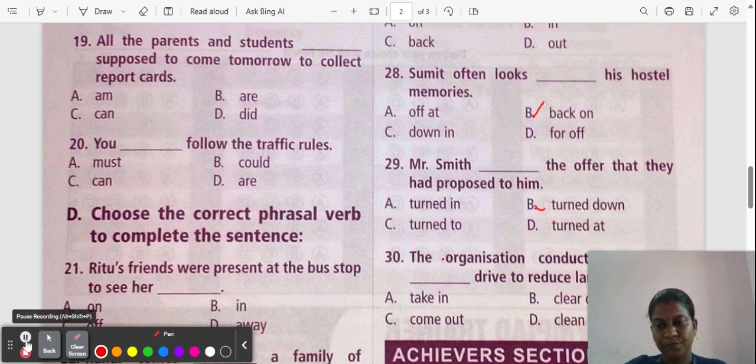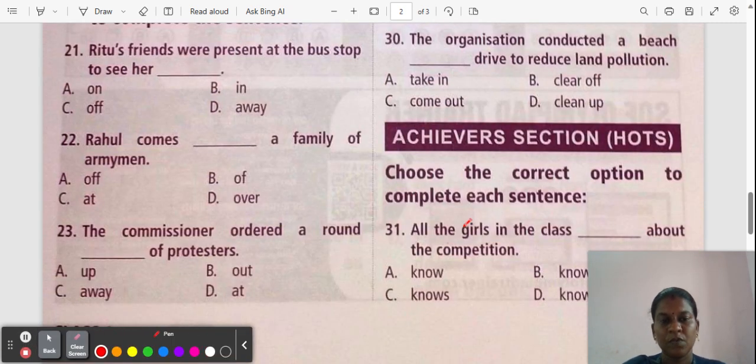Then question number 30. The organization conducted a beach dash to reduce land pollution. Option A, take in. Option B, clear off. Option C, come out. Option D, clean up.